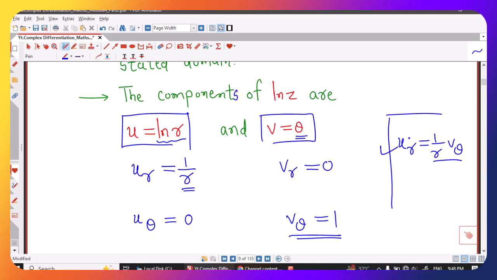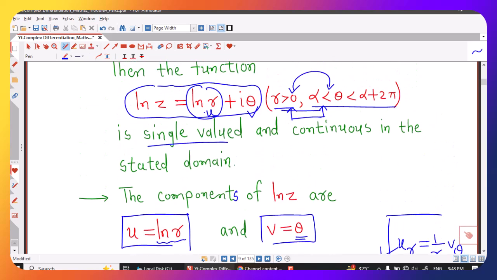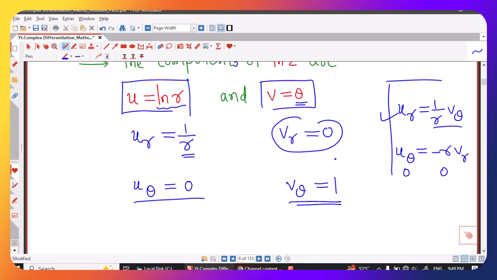So this equation is satisfied at all points z in this domain. The second Cauchy-Riemann equation is del u by del theta equal to minus r times del v by del r, and we can see that here it is 0 for all possible complex numbers in the given domain, and here also this is 0. So this equation is also satisfied.